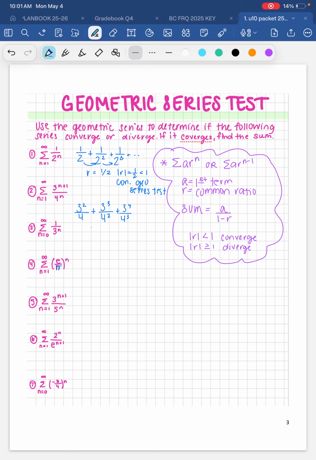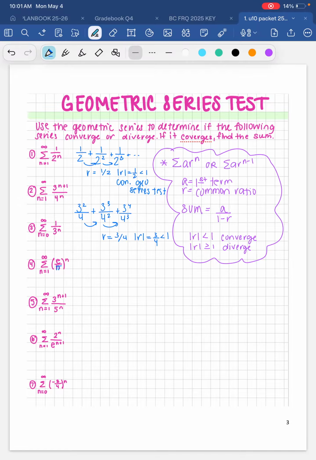So you can see that the pattern we're multiplying by, r, is going to be 3/4. So the absolute value of r is 3/4, which is going to be less than 1. So we're going to converge by the geometric series test.